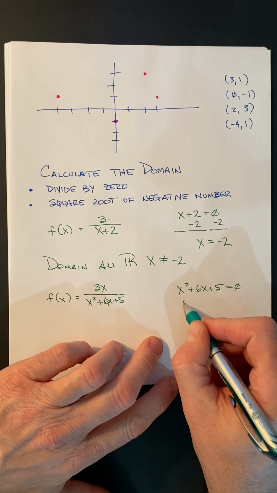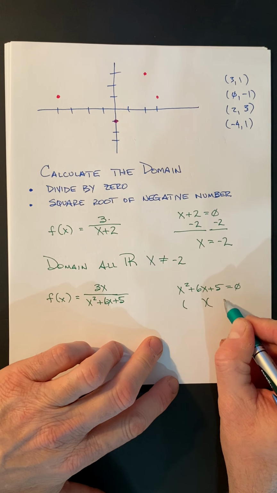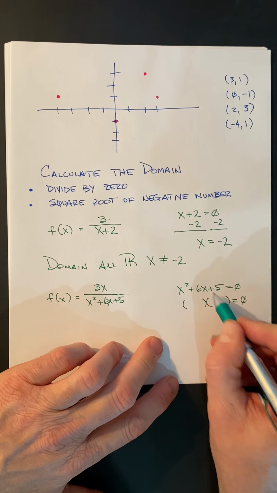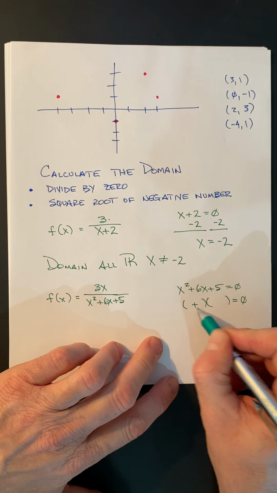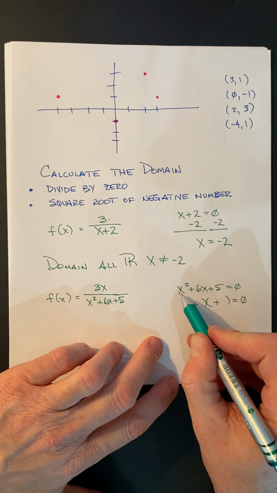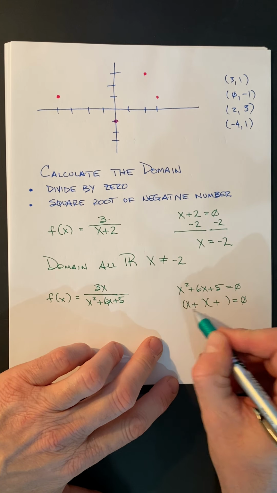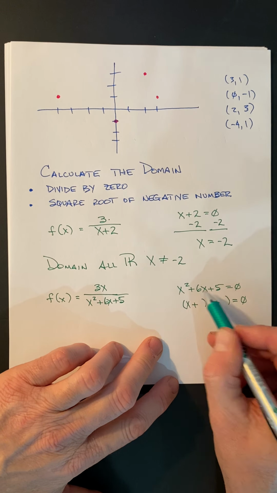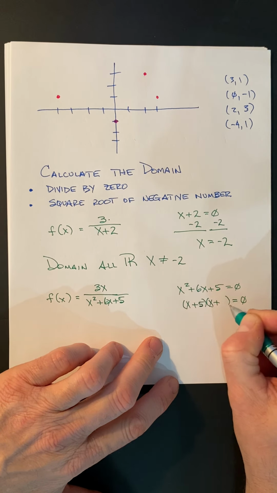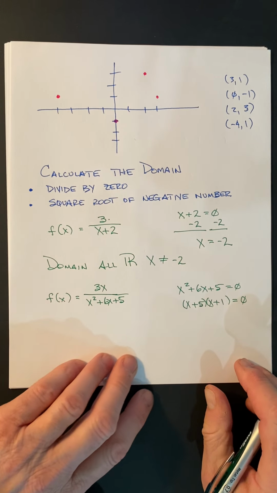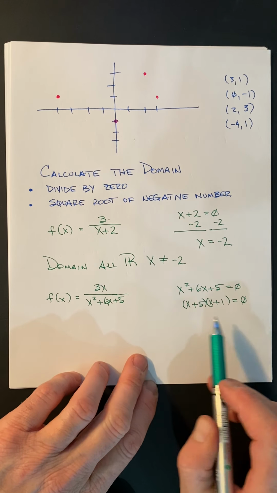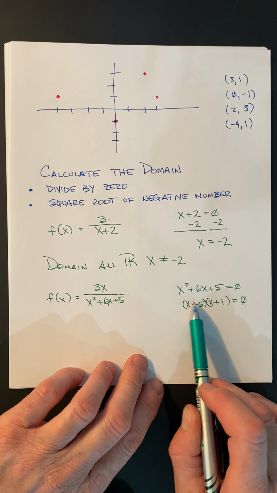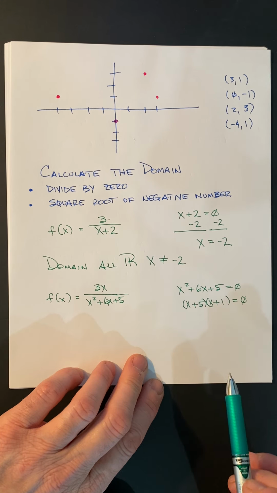Well, how can I solve? This can be factored into two binomials. My signs are the same, they're both positive. I need something that'll produce an x squared. Well, that's going to be x, and then factors of 5 that add to 6 are going to be 5 and 1. Okay, so my zero product principle tells me if this binomial is 0, my equation is true.